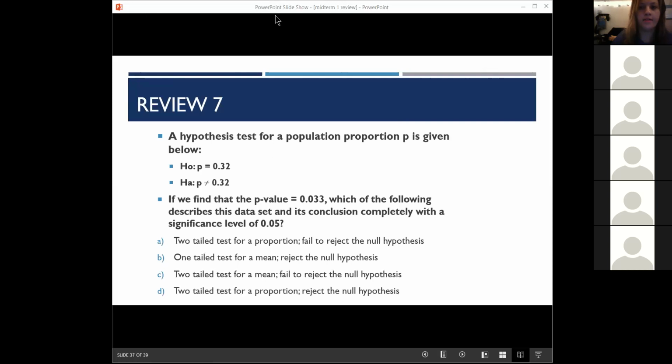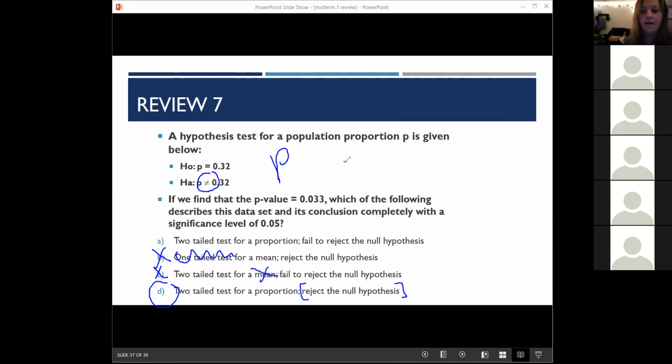Awesome job, guys. Absolutely. So our answer here is going to be D. We know that this is going to be a two-tailed test because of this not equals sign. So B is out of the question because that's a one-tailed test. And because we're using P, that is for a proportion. So we can cancel out C because that's talking about a mean, which is not true. And then basically the last thing we have to look at is what decision we're going to make.